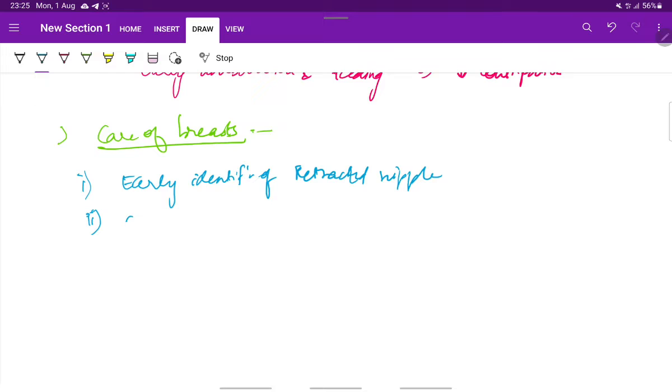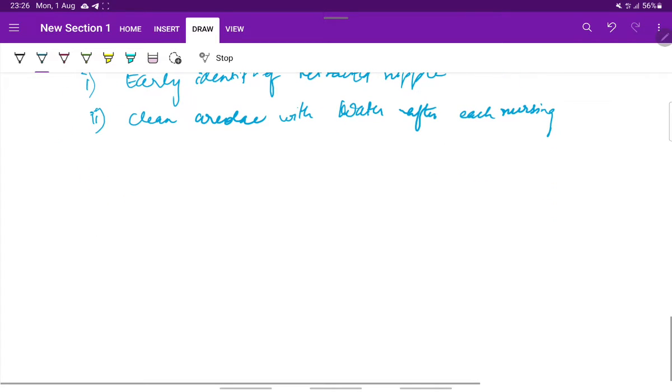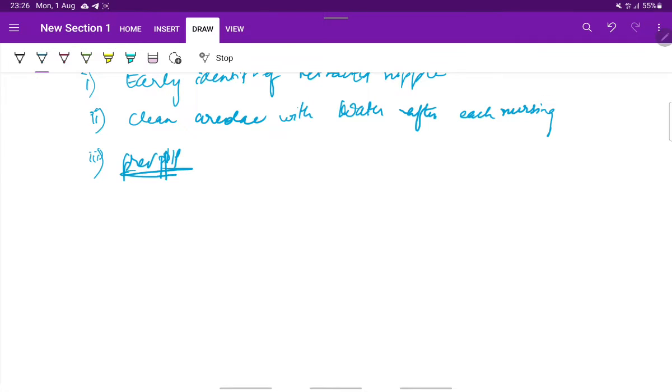Then we should teach the mother to clean her areola with water after each nursing. The early breastfeeding also decreases the PPH by promoting oxytocin release. So it is advisable to start breastfeeding within half an hour of delivery. This is about the breast.